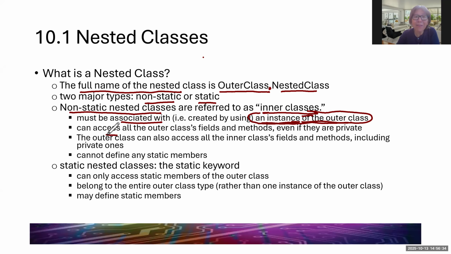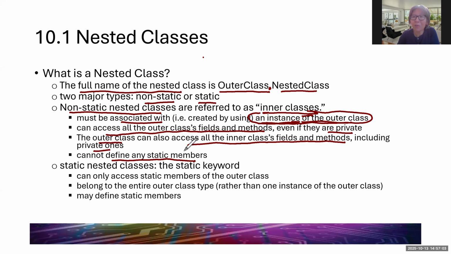An inner class can access all the outer class fields and methods, even if they are private. This is two-way: the outer class can also access all the inner class fields and methods, including private ones. But for a non-static nested class, you cannot define any static members.